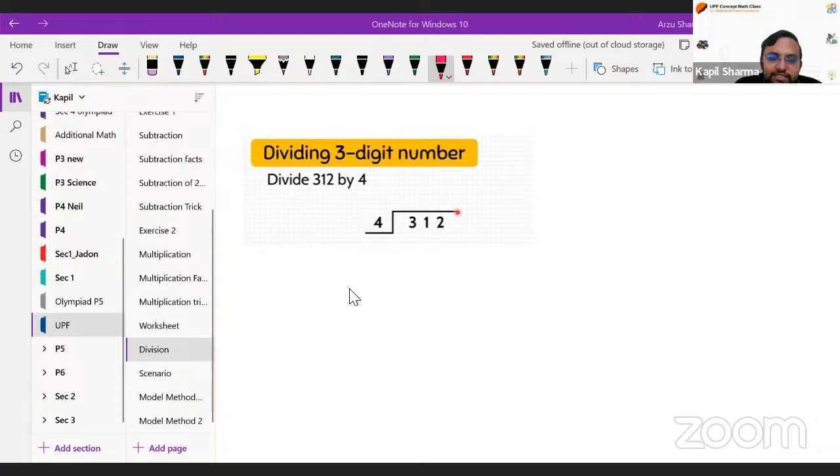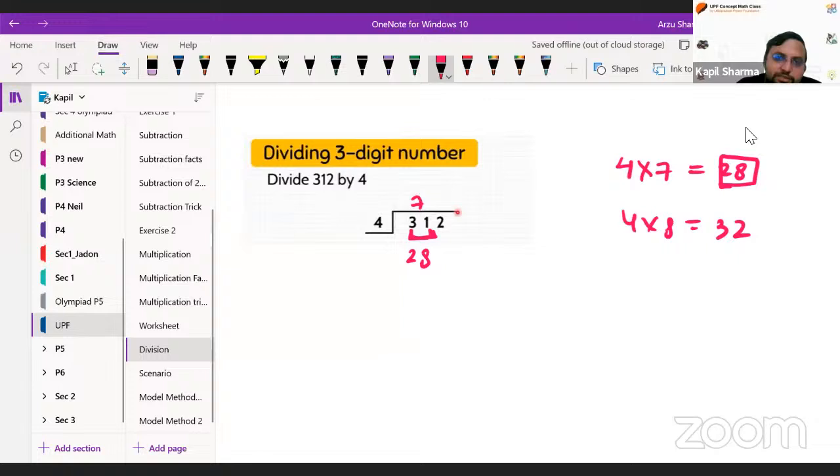Since it's a three-digit number, we will first look at the tens digit and hundreds digit. Now this is 31. So in the multiplication table of 4, we will look for a number which is less than or equal to 31. We know that 4 times 7 is 28 and 4 times 8 is 32. Now 32 is greater than 31, so we have to use 28. 4 times 7 is 28.